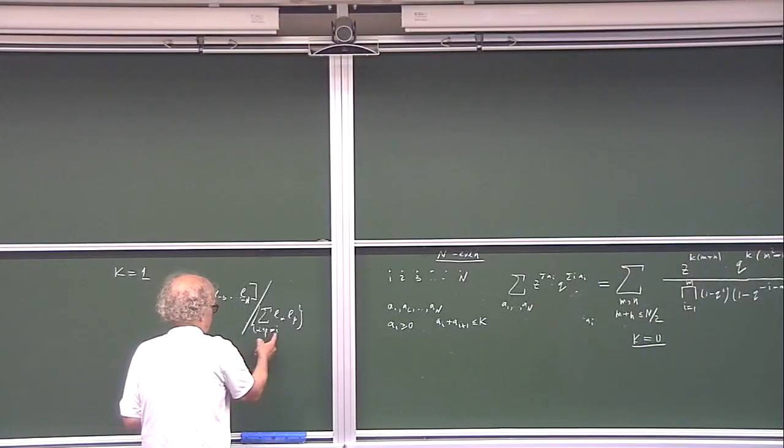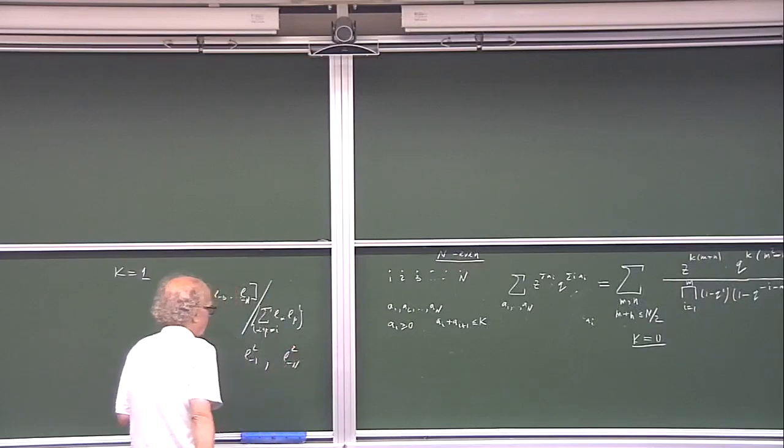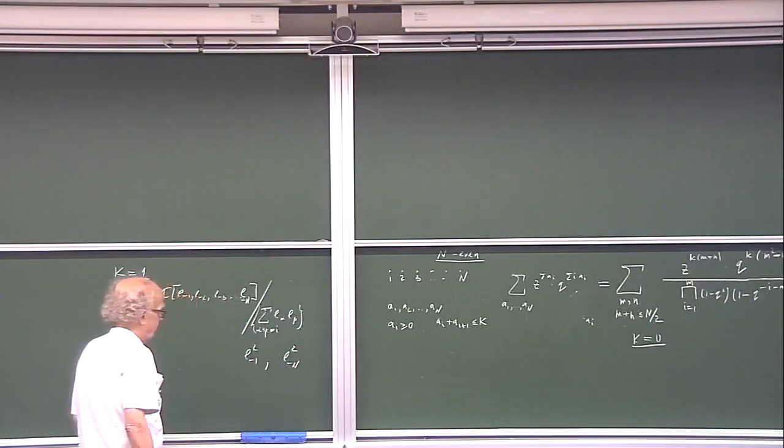The first one is E minus 1 squared, and the last one is E minus n squared, and they are monomials, but all others are not, so I make up such a factorization.